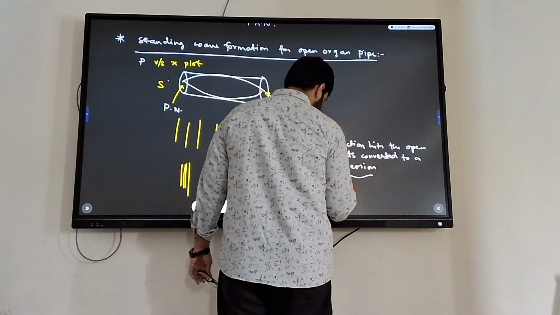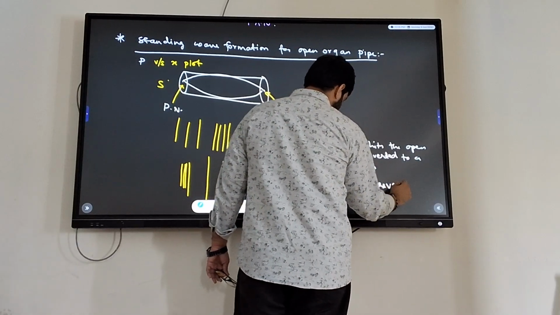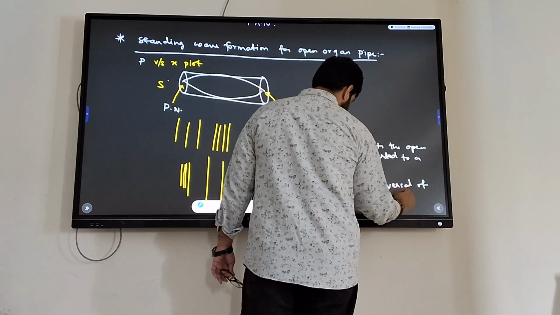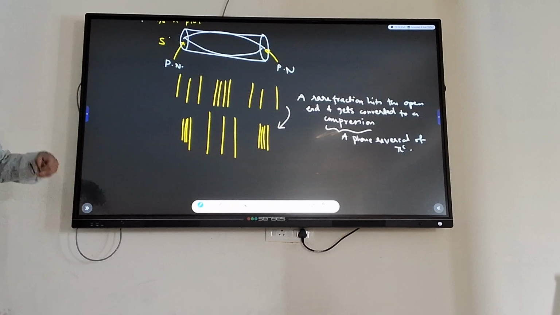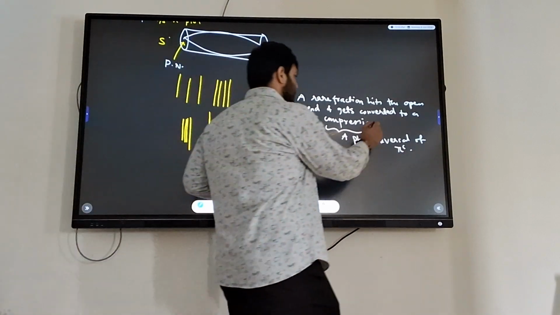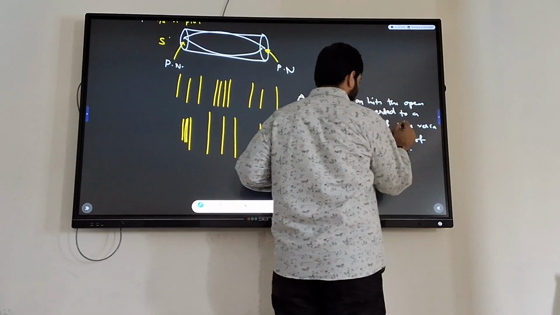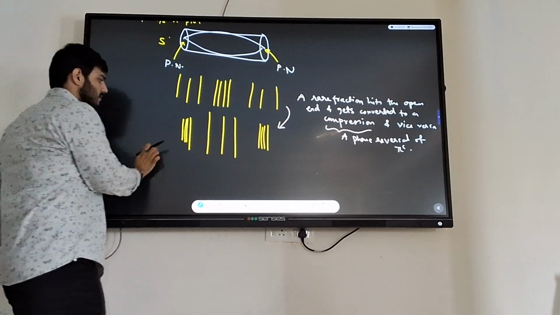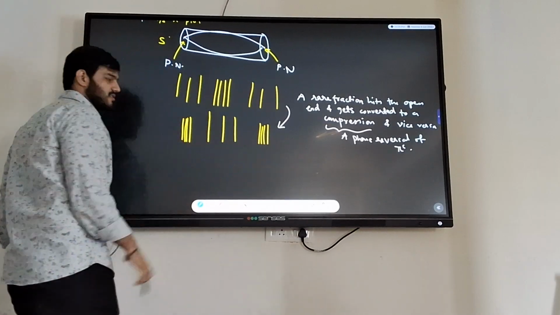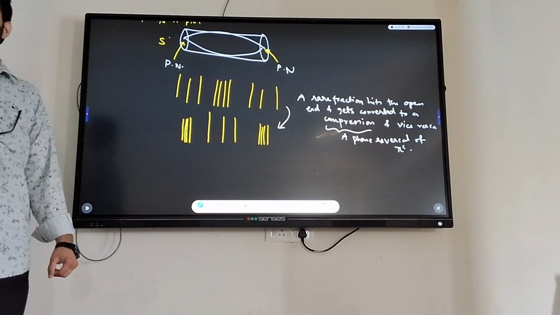That means a phase reversal of pi radians. Does it make sense to you? A phase reversal of pi radians occurs, and vice versa. Yes? This is what happens. So even when you have open at both ends, still a stationary wave is formed.